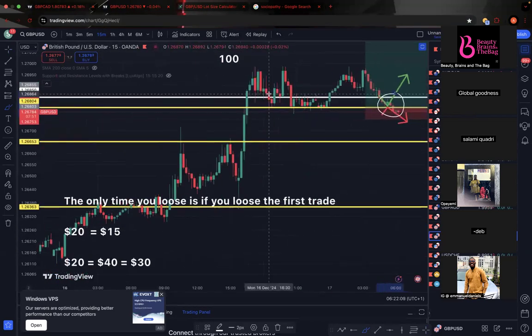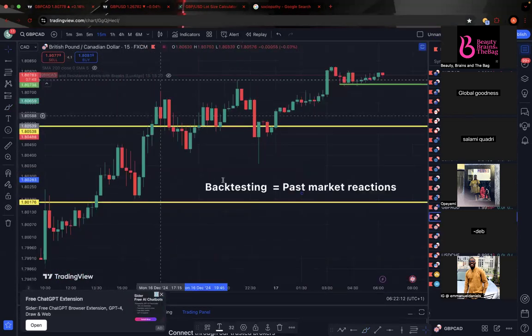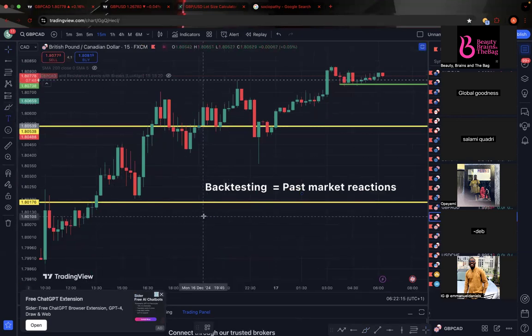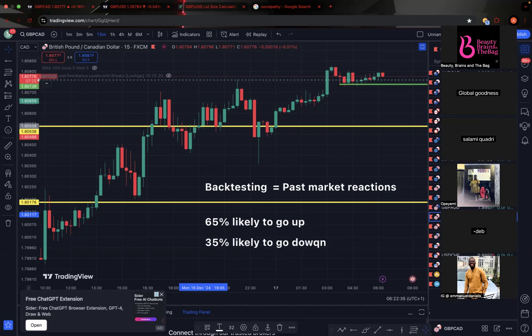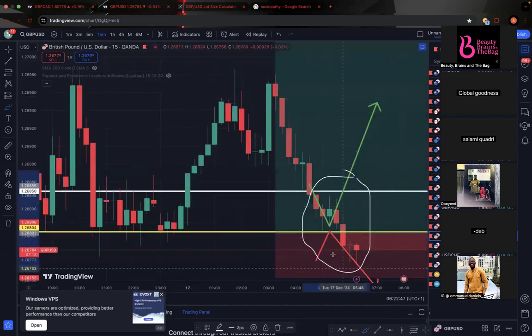The market is 65% likely to go up and 35% likely to go down. This is the probability of it going up, and this is the probability of it going down.